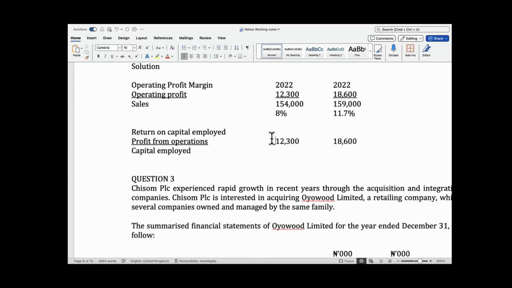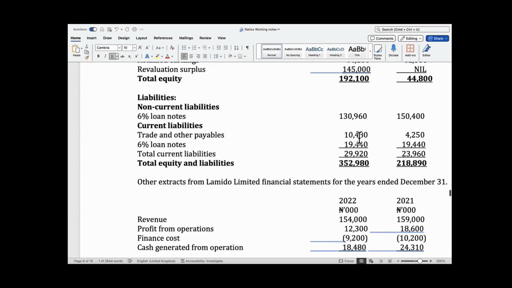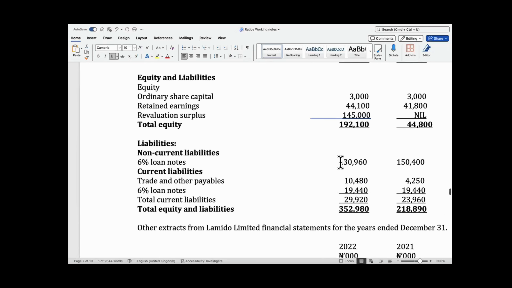This is 18.6. So let's get our equity and debts in 2022. In 2022, my long-term debt is 136,100. My equity is 192,100.